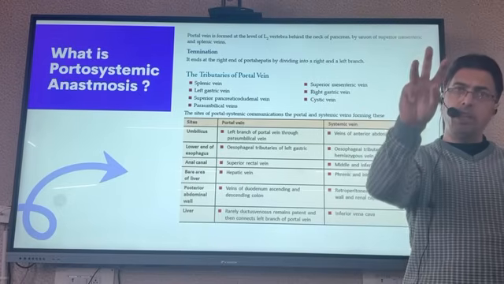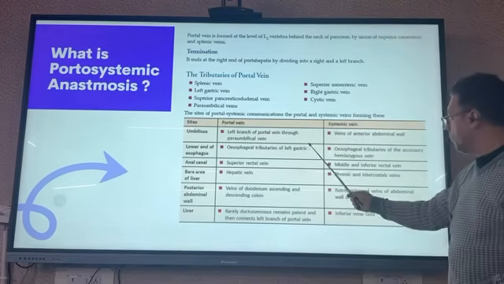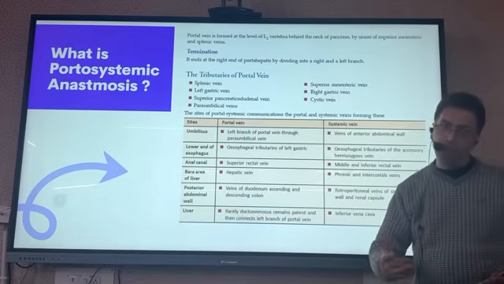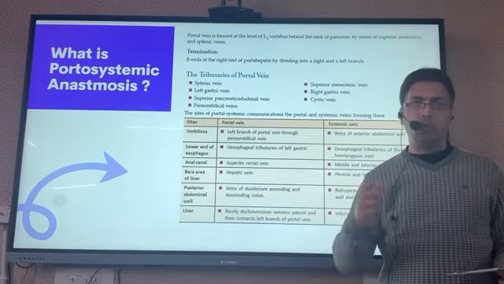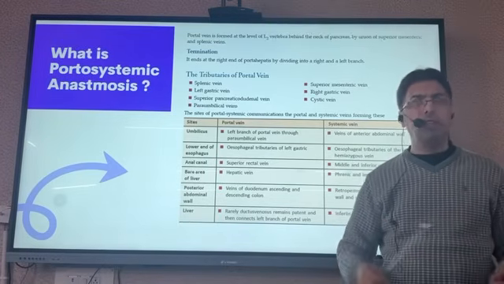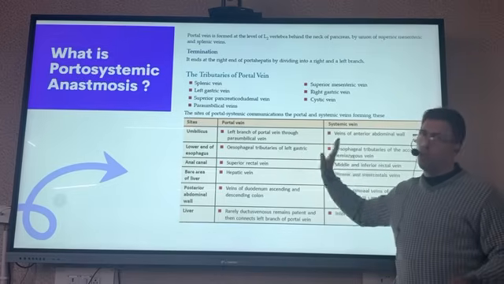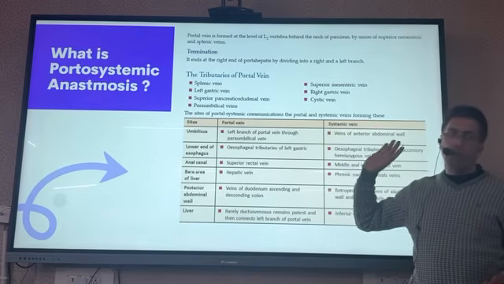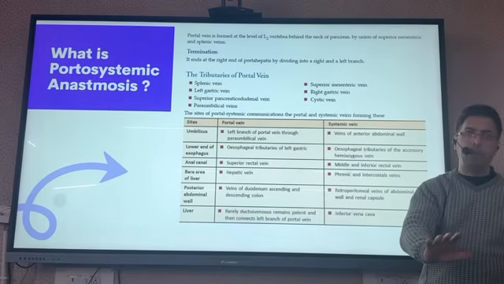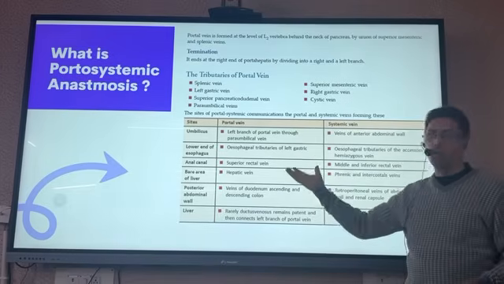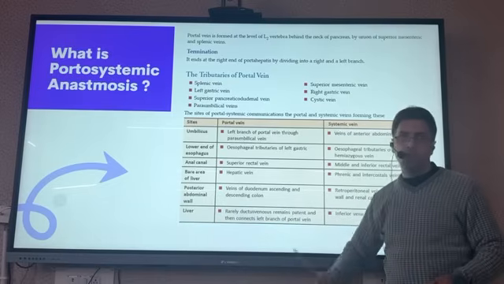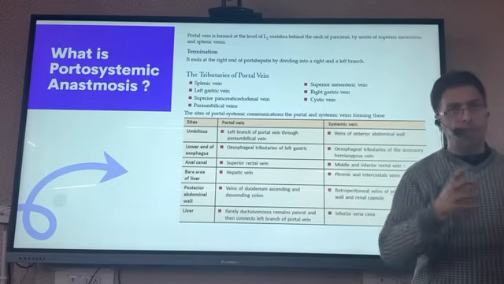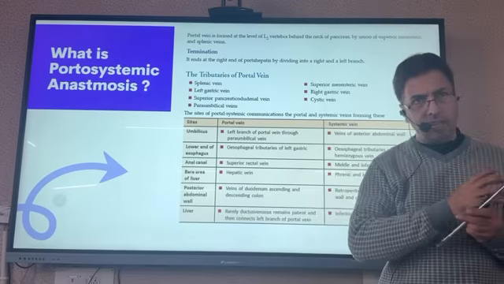Now this patient unfortunately has portal hypertension. In a normal person, these sites remain normal. They do not open up. But once there is portal hypertension, these sites open up. And what happens? At the lower end of the esophagus, those veins get dilated and then they rupture.